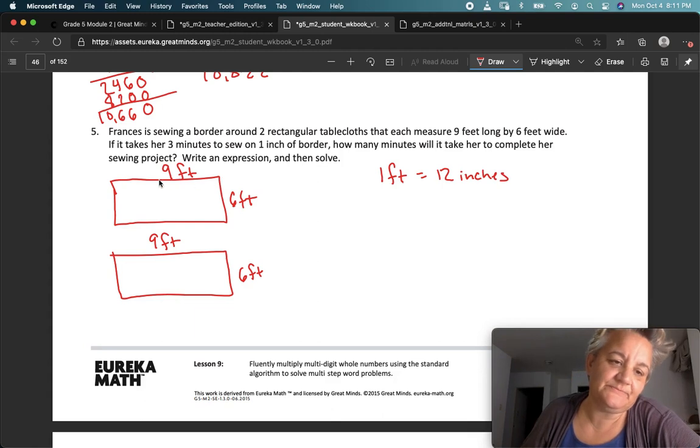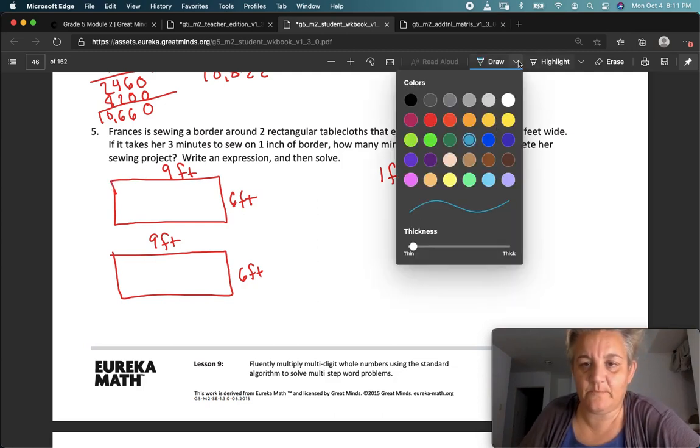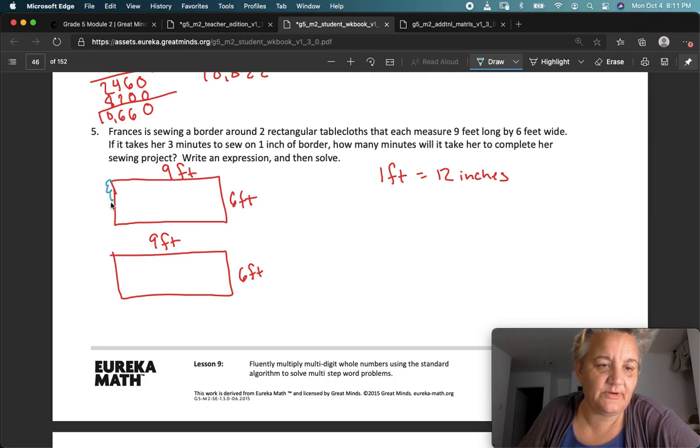So what we need to do is find the perimeter, not the area, the perimeter, because all we want to do is sew that border on, right? So we want to sew the border here, here, here, all the way around.